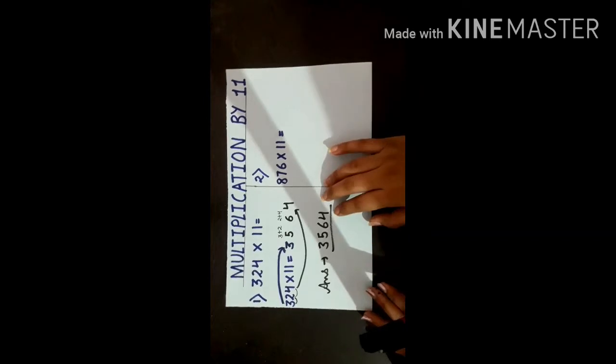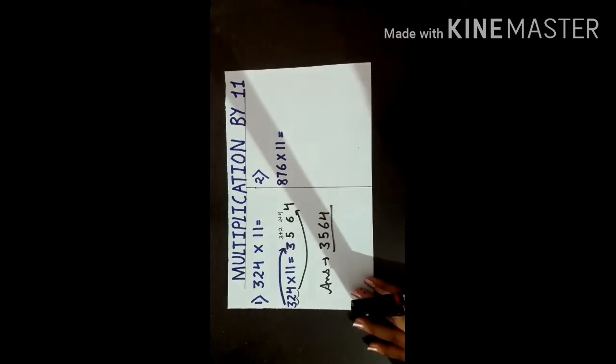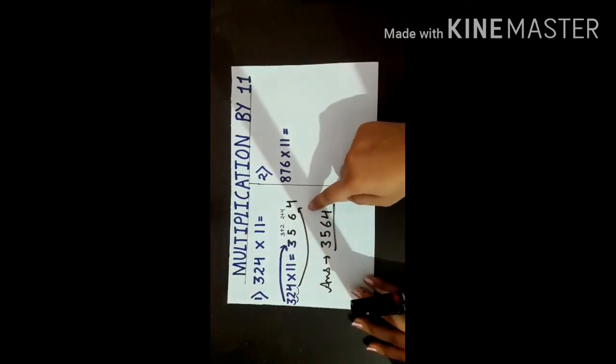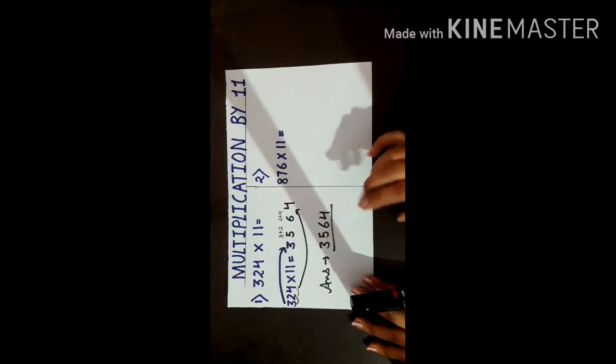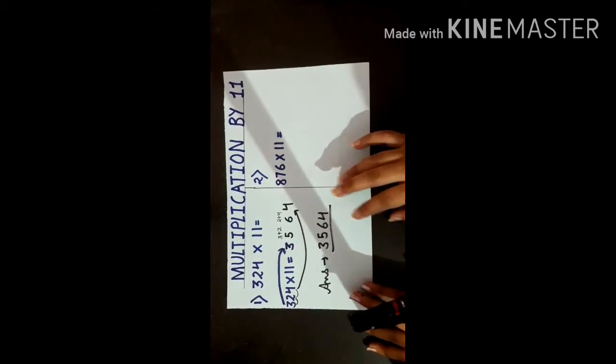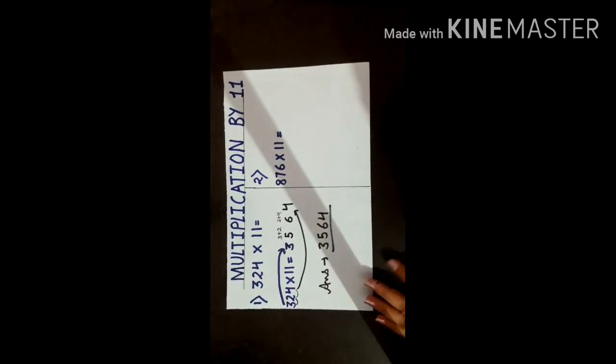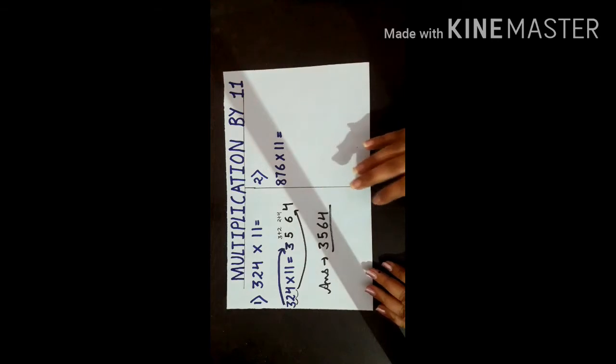Students, I am seeing that you are doing your sums by making these arrows. I am making these arrows to make you understand. Students who have not seen my previous videos and are not able to understand this method, for them I am using these arrows.